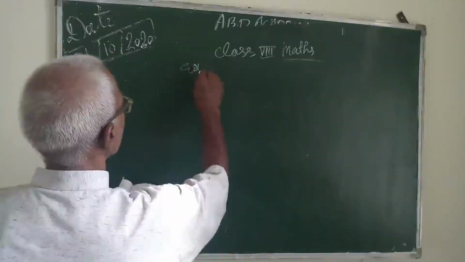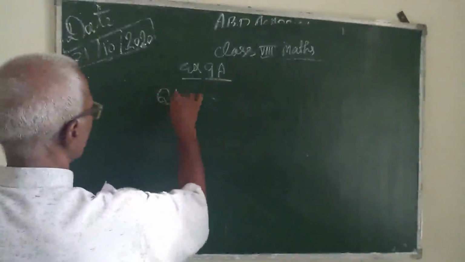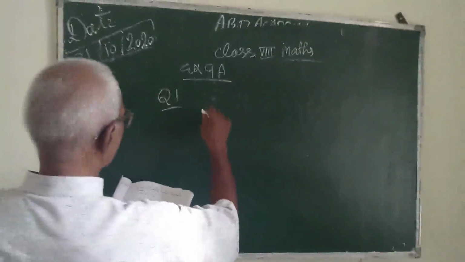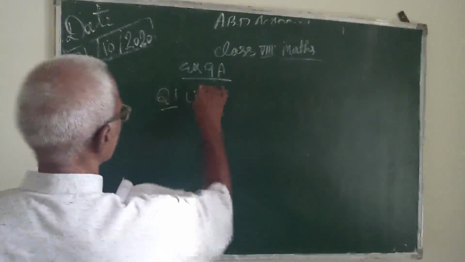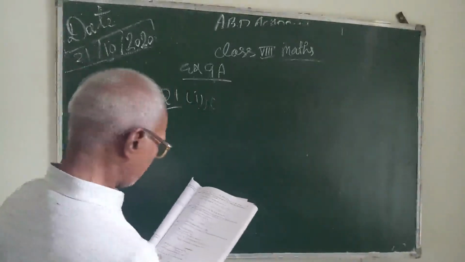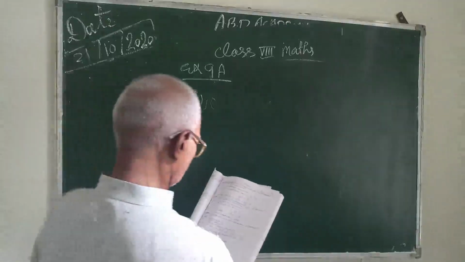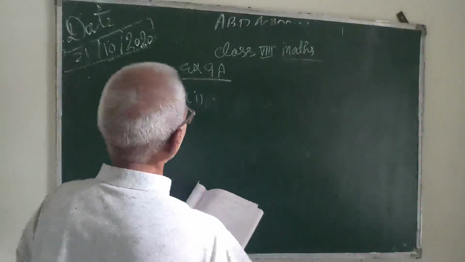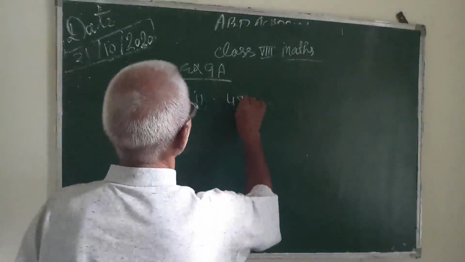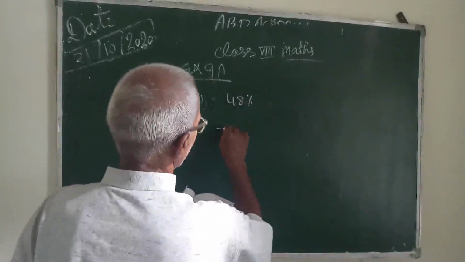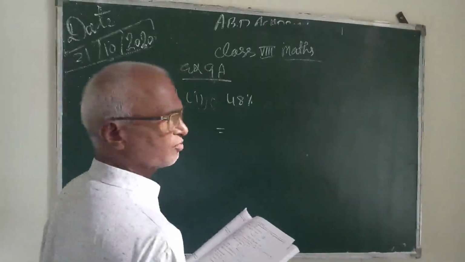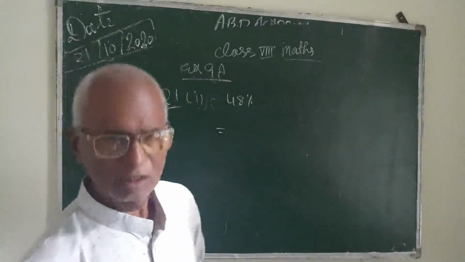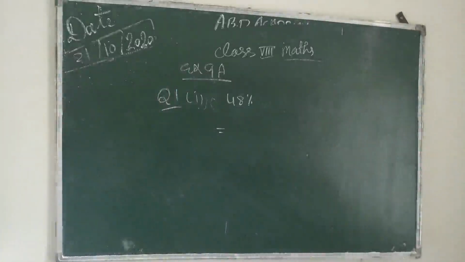It is exercise 9A, question number 1, and its part 1. Express each of the following as a fraction: 48%. You have to reduce 48% to a fraction.